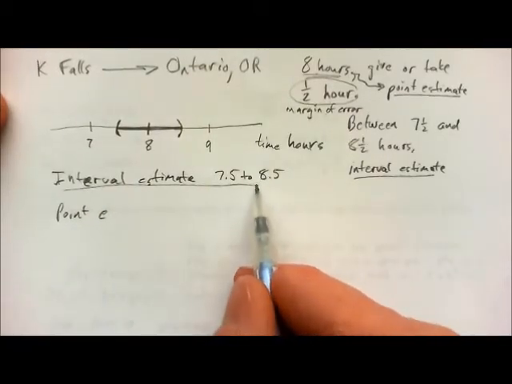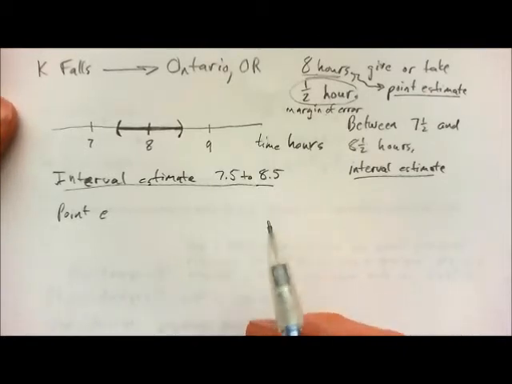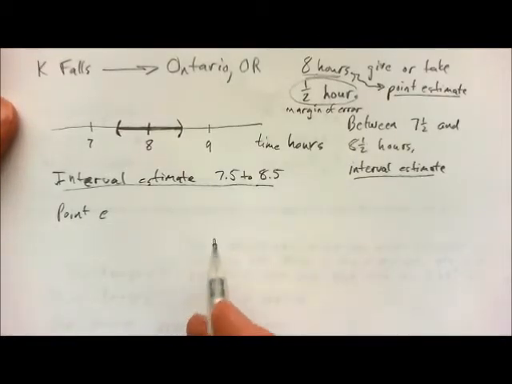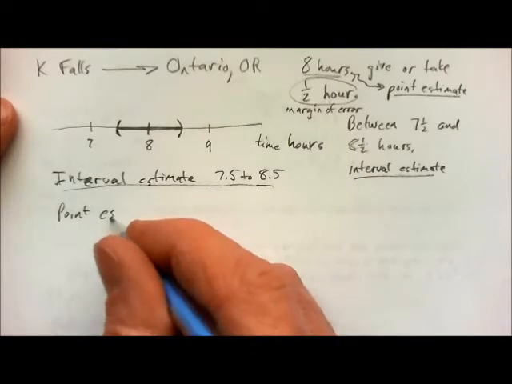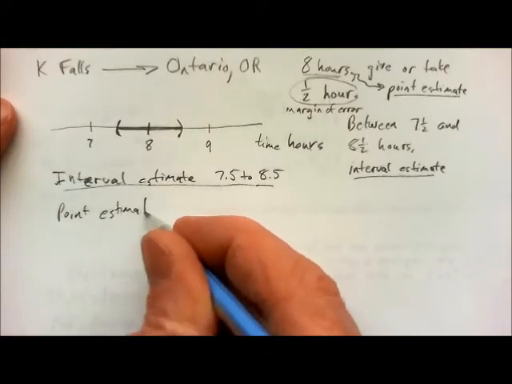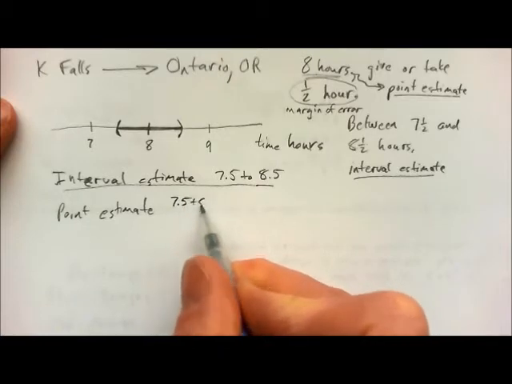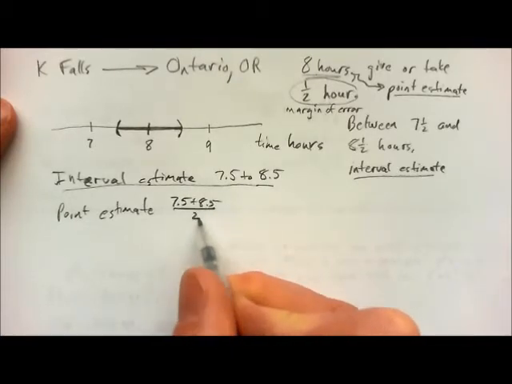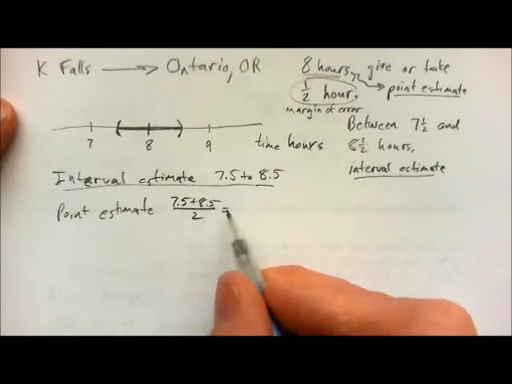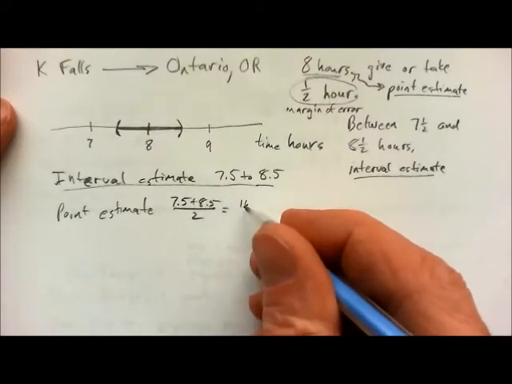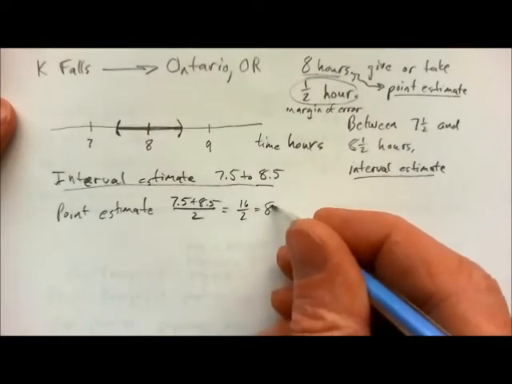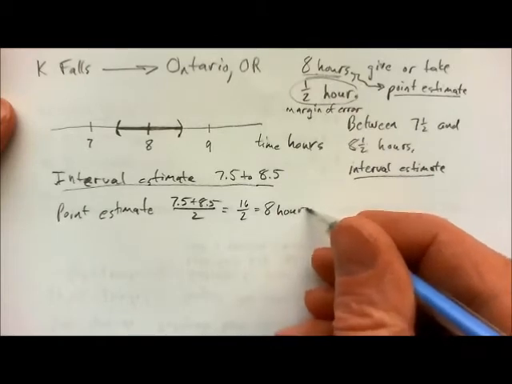And we've talked before in this course how if we want a number halfway between two numbers, all we have to do is average those. So the point estimate in this case is obtained by taking 7.5 plus 8.5 and dividing by 2. 7.5 plus 8.5 turns out to be 16, over 2 is 8 hours, the point estimate.